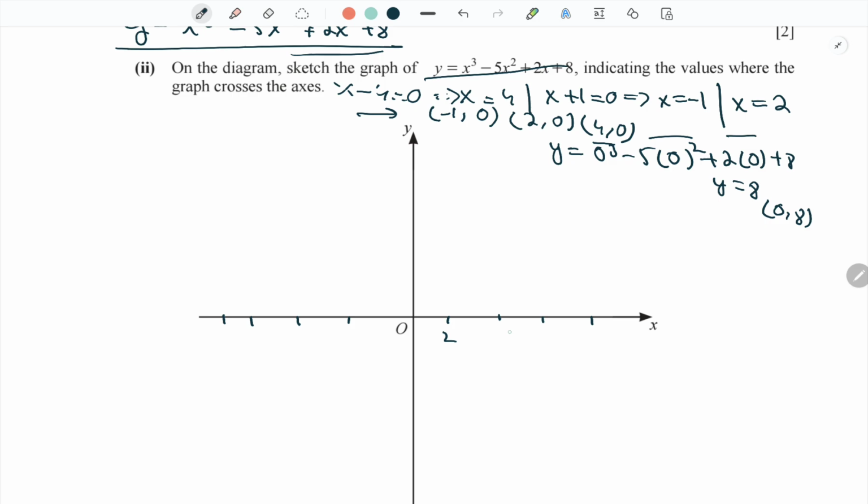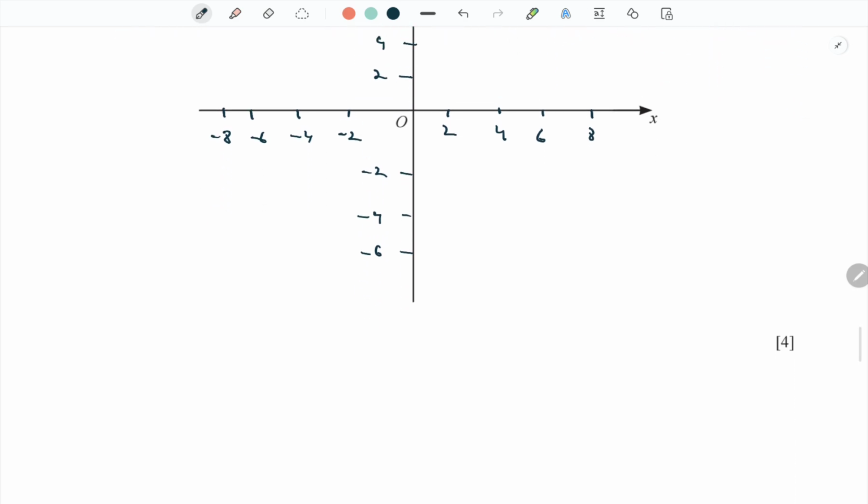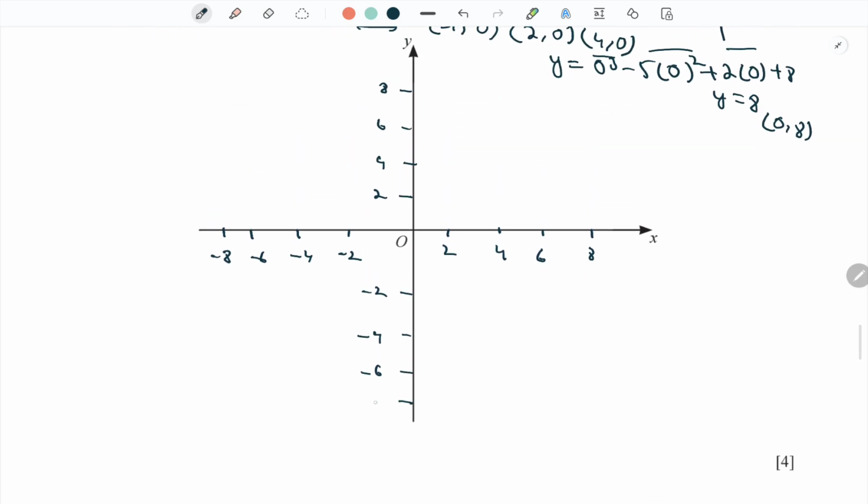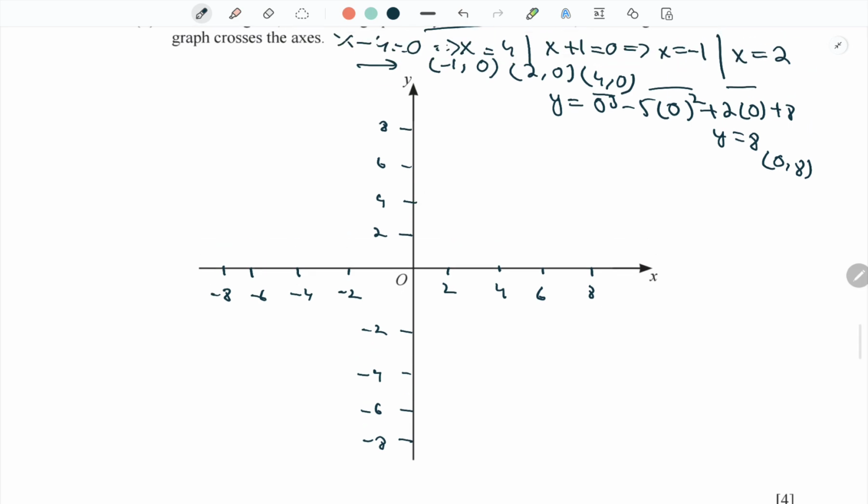So 2, 4, 6, 8, negative 2, negative 4, negative 6, negative 8. Doing the same here: 2, 4, 6 and 8. Now negative 2, negative 4, negative 6, and negative 8, right?